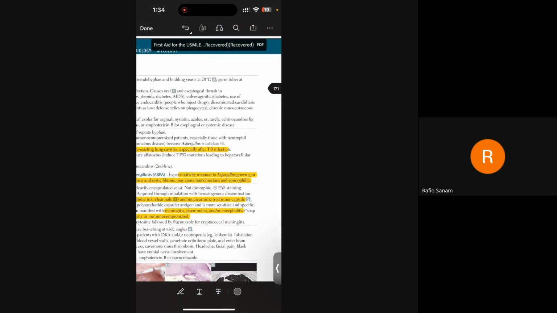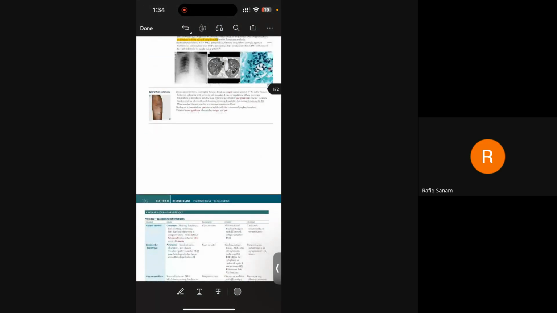Post-virus, Staph aureus. What are the names of the other ones?